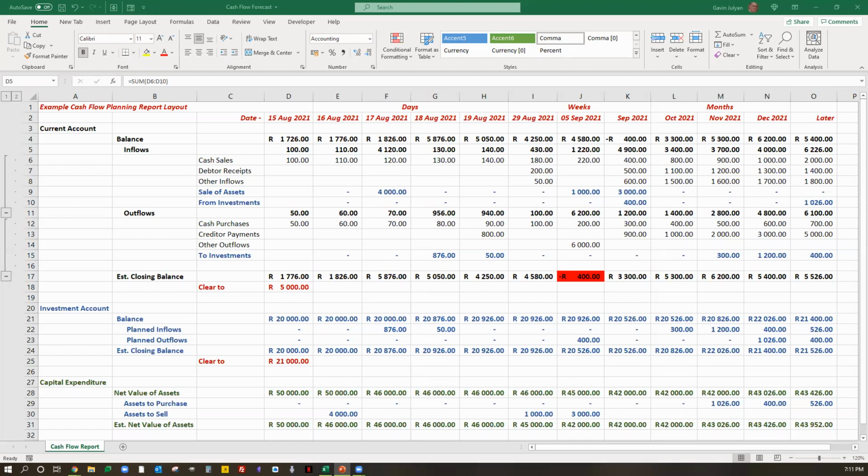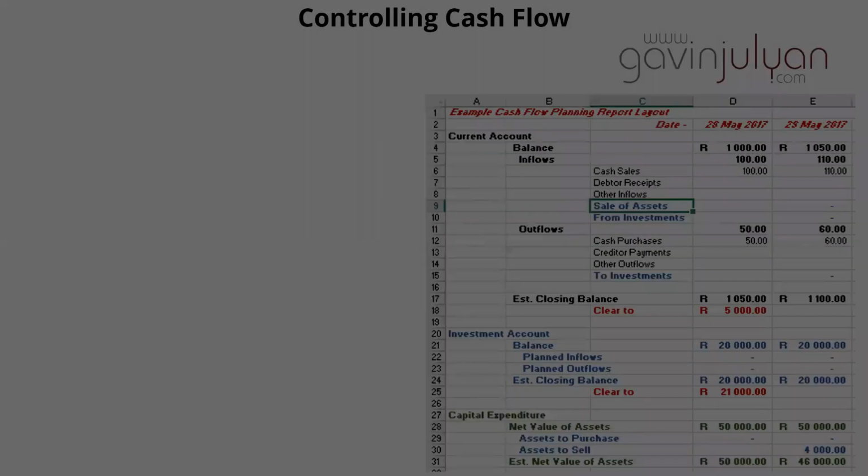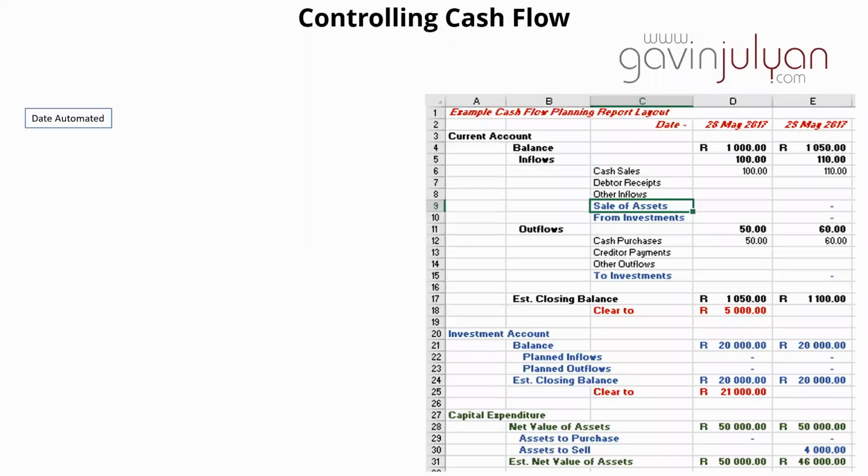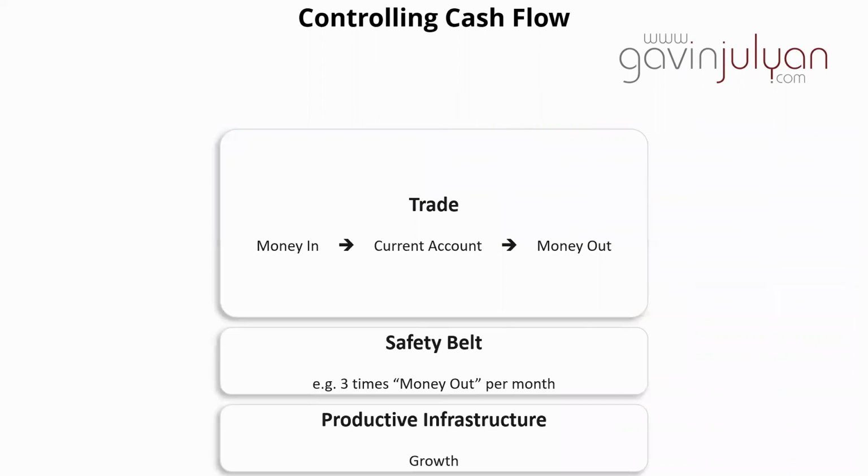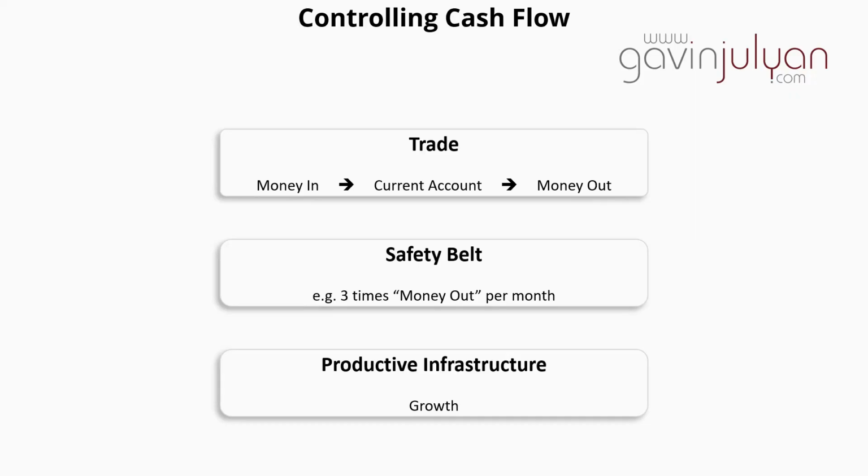Let's just pull up this slide again. Sorry, I just need to go back a couple of slides. So what we've got is 3 sections we worry about in terms of cash. Our trading section, which is our current account, fairly obviously money goes in and out of that based on our operational requirements.